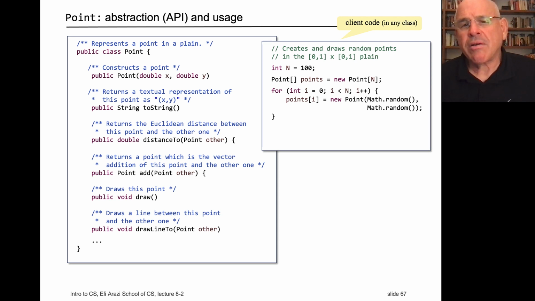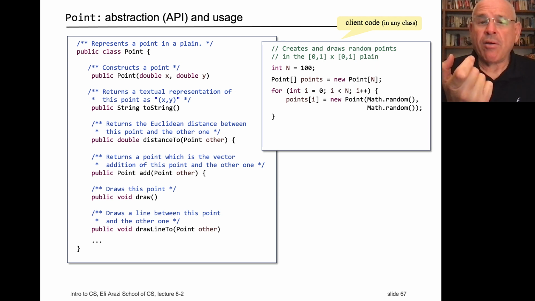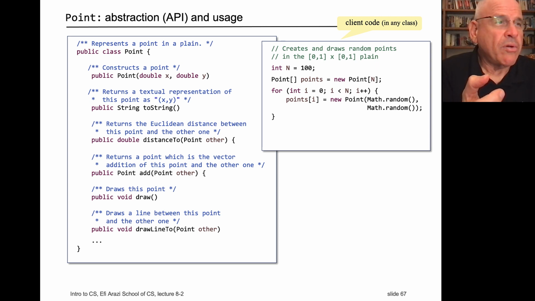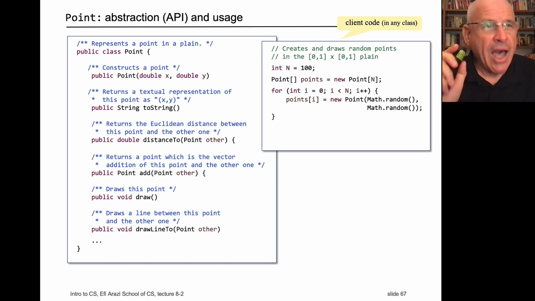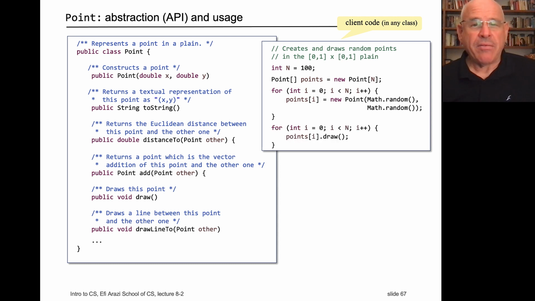So the constructor will create a random fraction. It will put it in memory, and the address of this memory block will go into points in location i. And I will do this 100 times. So this piece of code here creates 100 random objects. And then I'm going to draw all of them.